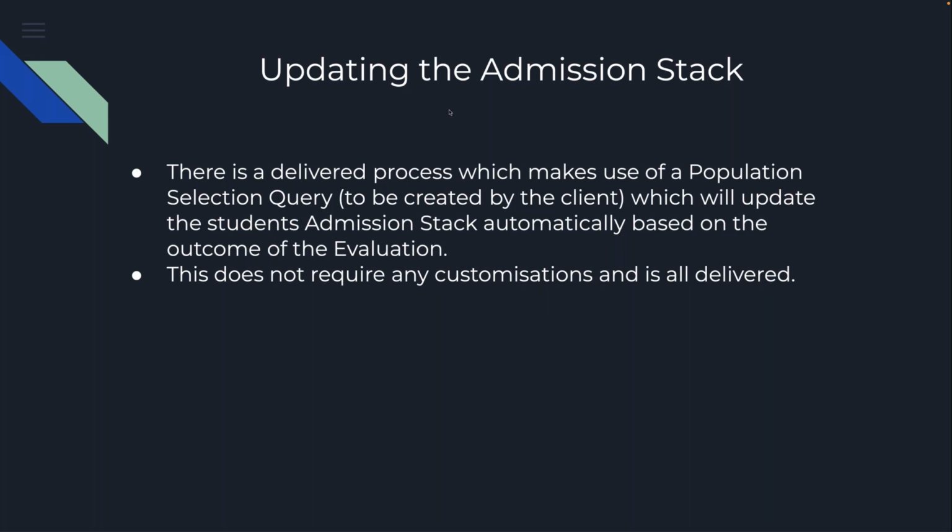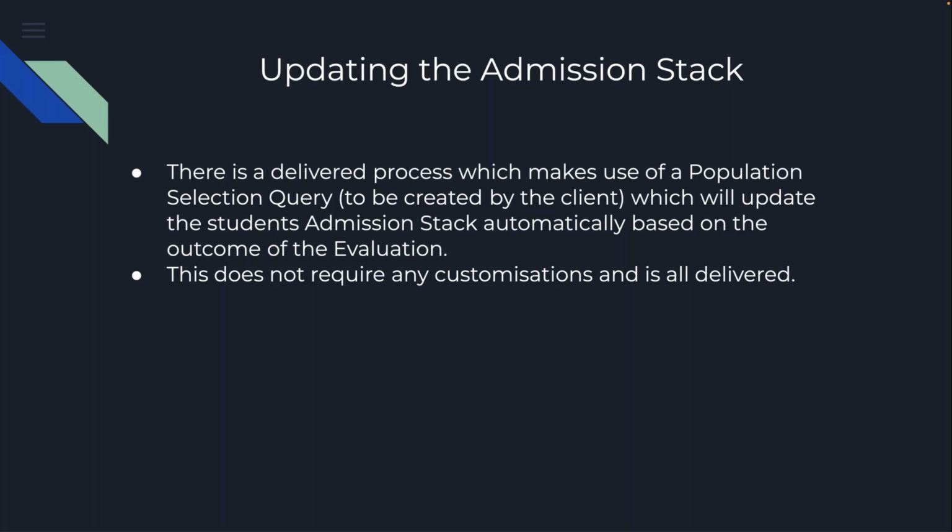So it's actually quite simple. As we know, in campus solutions, there's a lot of configurable processes, and especially for something like population selection, that really does make our lives easier and does make things much more agnostic. So in this case, it's as simple as simply grabbing the information out of EMS and using this, well, in this case, the admission stack update process, or the admissions updating process, to then just go and update the admission stack.